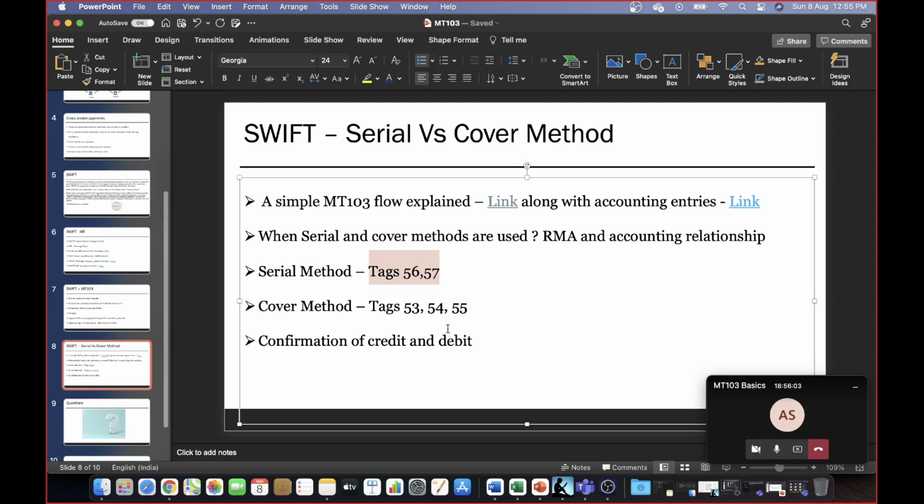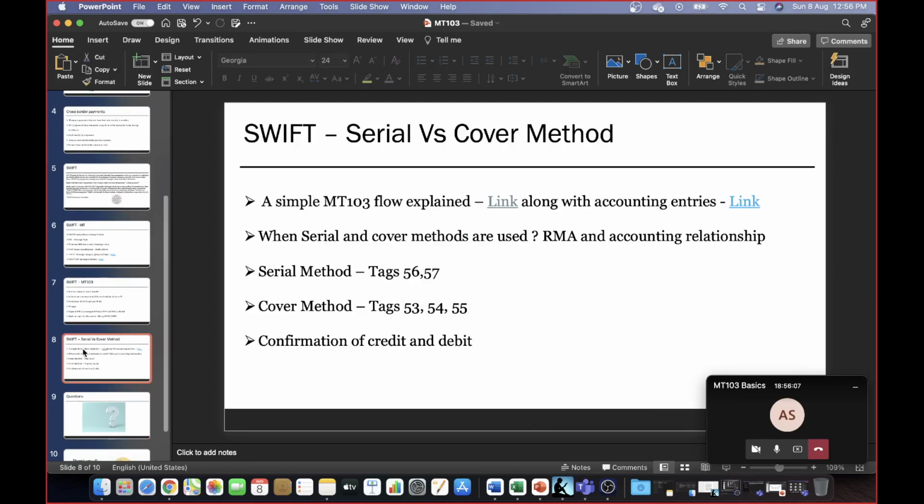Okay. Thank you. And the last point I wanted to touch on is confirmation of credit and debit. If a customer's account is debited, usually MT900 will be sent. That is known as confirmation of debit. And if customer's account is credited, then MT910 will be sent.